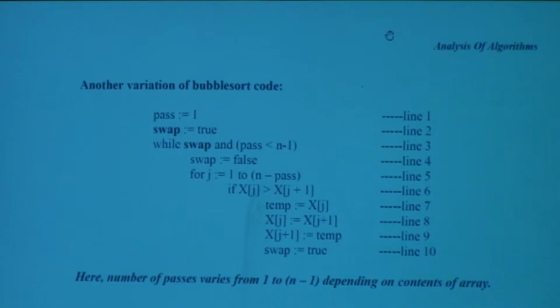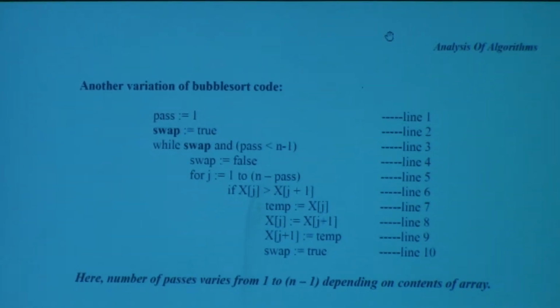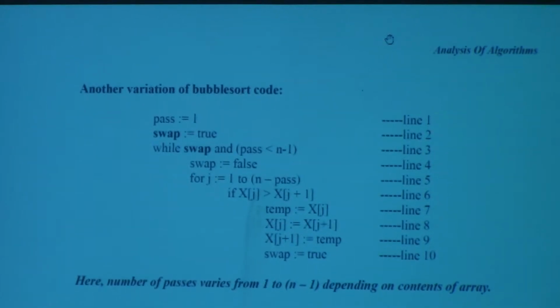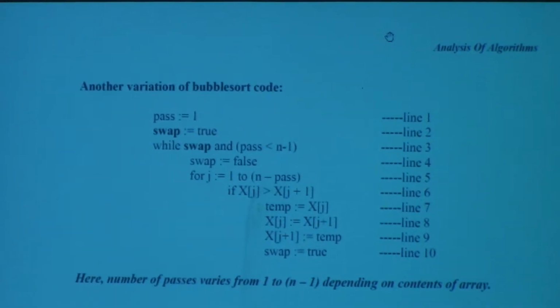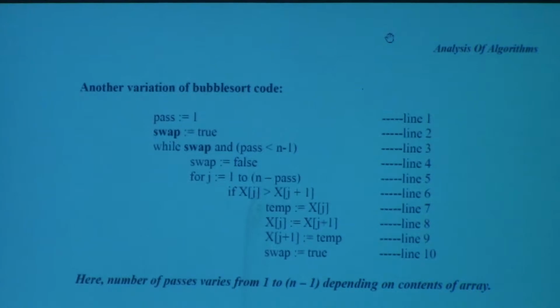So the question is, is this a better algorithm? Yes or no? What do you think? Yes. So everybody thinks it's a better algorithm, but wait a minute. It's only better if it's always better, or it's only better if it's usually better, or if it's better more often than not.